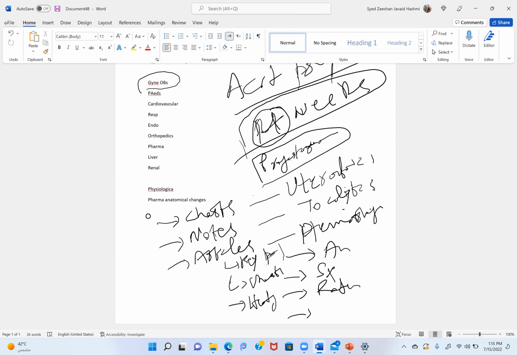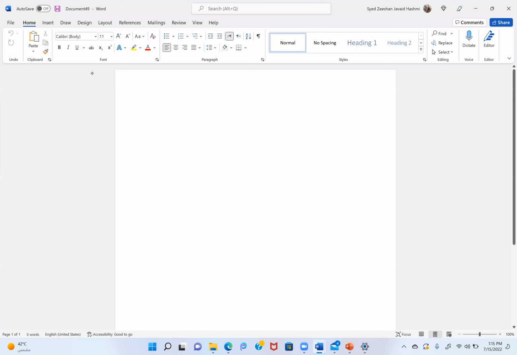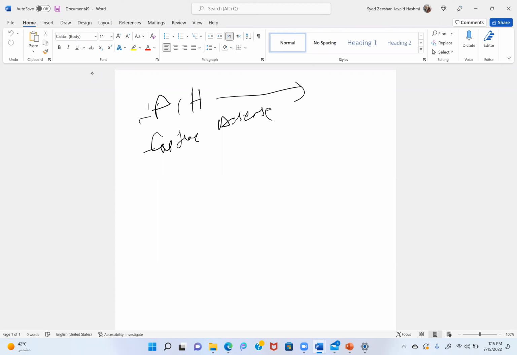Similarly, again, for gynae ops, other important topics are, for example, PIH and cardiac diseases in pregnancy. For PIH, usually the question is how to differentiate between preeclampsia and eclampsia. In preeclampsia, PIH, actually there are three things. One is control of blood pressure.